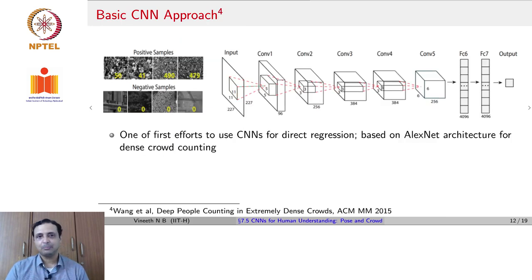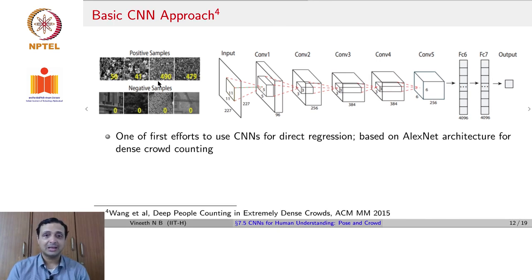So the basic CNN approach looks at the crowd counting problem as a regression problem, where given an image, you have to predict a number as the output. So here are some training data points where given a set of crowd positive examples and the counts in each of these images, similarly negative examples of other scenes where the crowd count is 0.